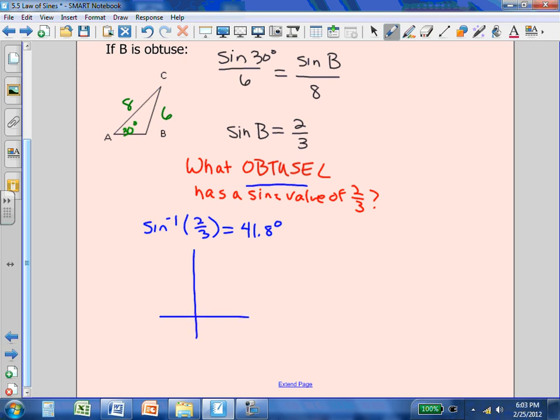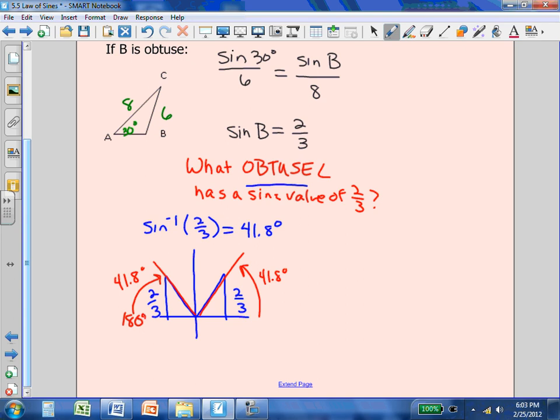So go back and think about your circles. If you have a sine value of 2/3, the calculator tells you that this angle right here is 41.8 degrees. Well, over in the second quadrant, you can also find a sine value of positive 2/3, and it would simply be 41.8 degrees less than 180 degrees.